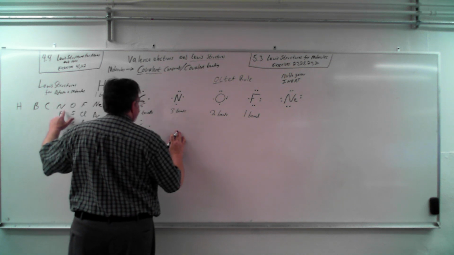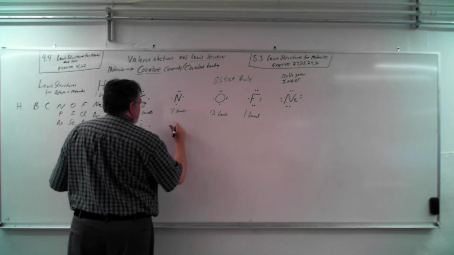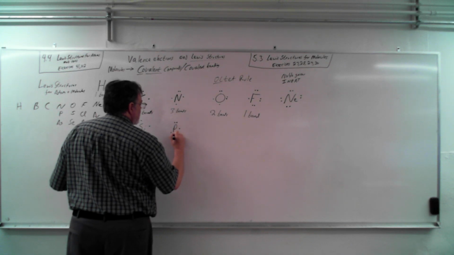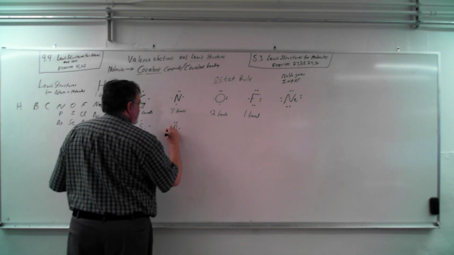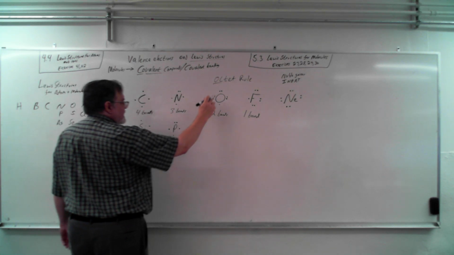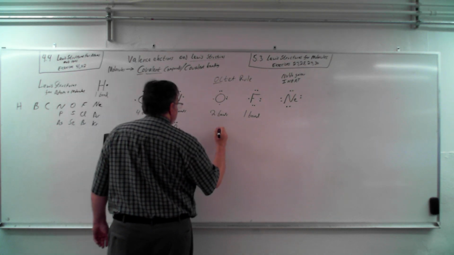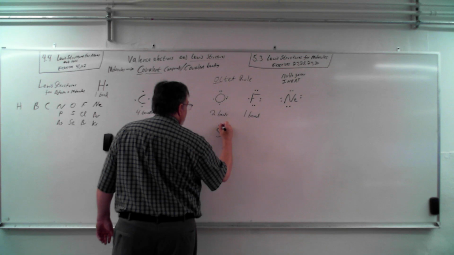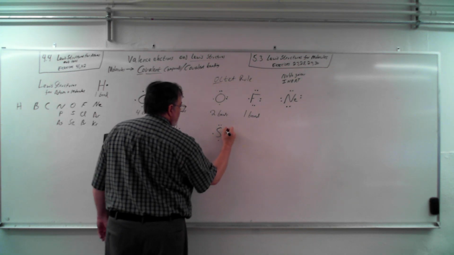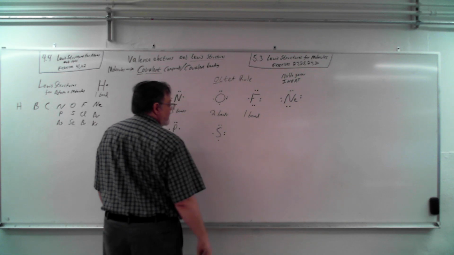Phosphorus below nitrogen, anything below nitrogen, is also going to be just like nitrogen. So there's the Lewis structure for phosphorus, and it will make 3 bonds. Silicon will make 4 bonds. Same for anything below oxygen. Sulfur looks just like oxygen for its valence electrons. So it will make 2 bonds.